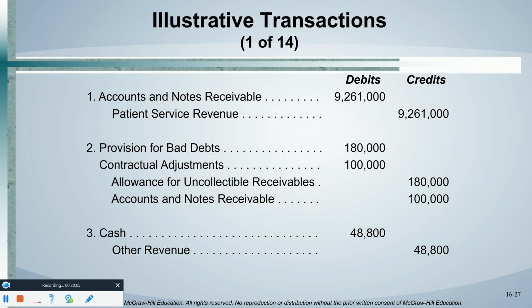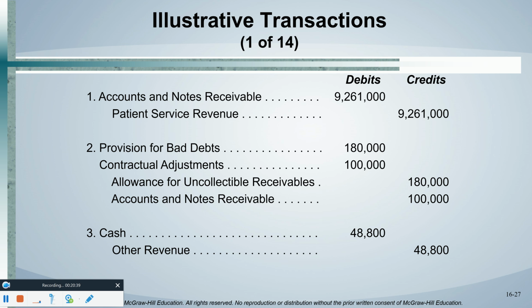When we looked at the detailed health insurance contracts of the patients that provided health insurance to us, we realized that $100,000 of that amount that was billed, we're not going to be able to collect because of the contractual difference between what we billed and what we agreed upon with the insurance contract. So we will basically write down $100,000 of that by debiting the contra revenue contractual adjustment and crediting the receivable.